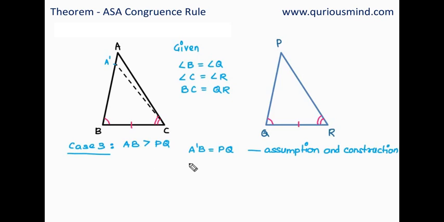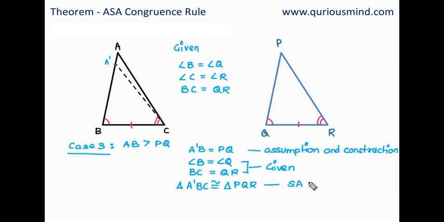Then we know angle B is equal to angle Q, and we also know BC is equal to QR. These are given. And from these three pieces of information, we know that triangle A dash BC is congruent with triangle PQR using the SAS axiom.